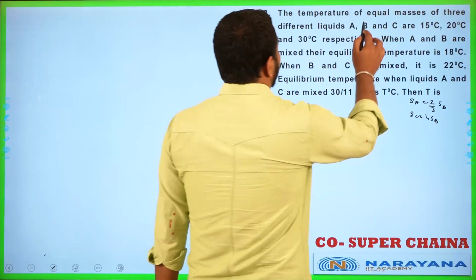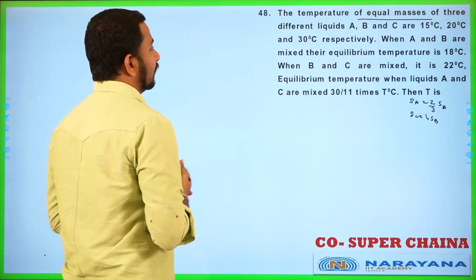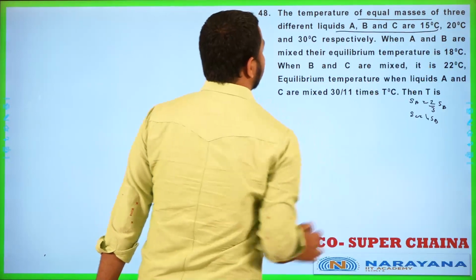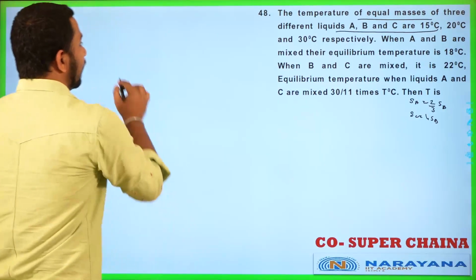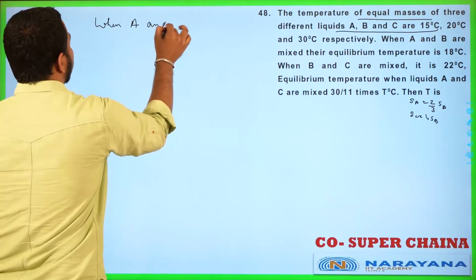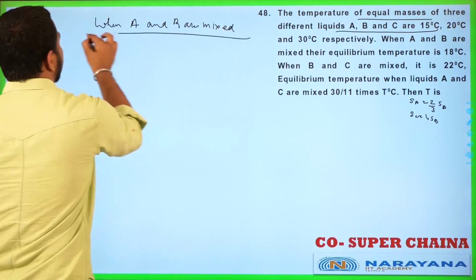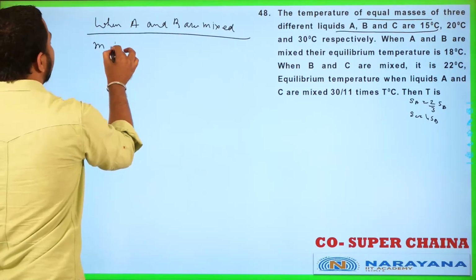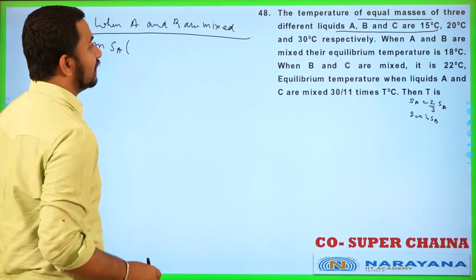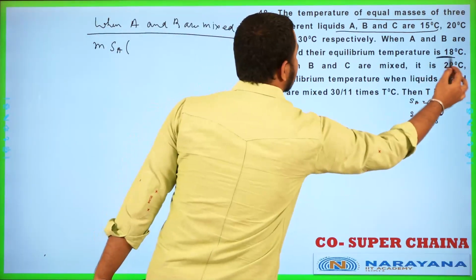The temperatures of equal masses of 3 different liquids A, B and C are 15, 30 and this. When A and B are mixed, M into SA into delta T, the equilibrium temperature when A and B are mixed is 18.